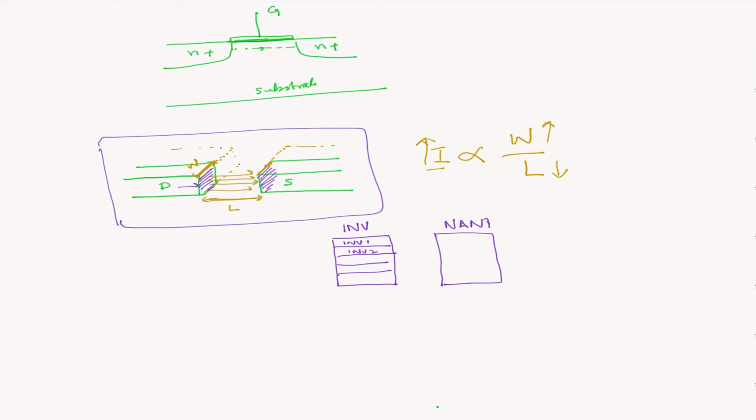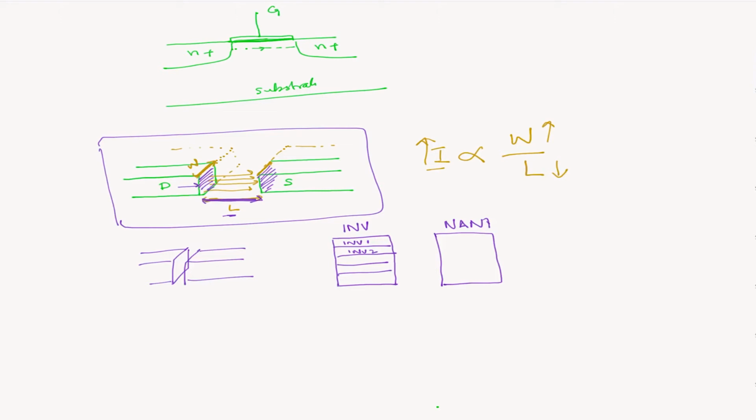Now, as we start decreasing the length of the transistor, they started getting closer, right? The way we control, as I mentioned earlier, the transistor is a switch. The better this switch is, the better we will be able to transmit our information.